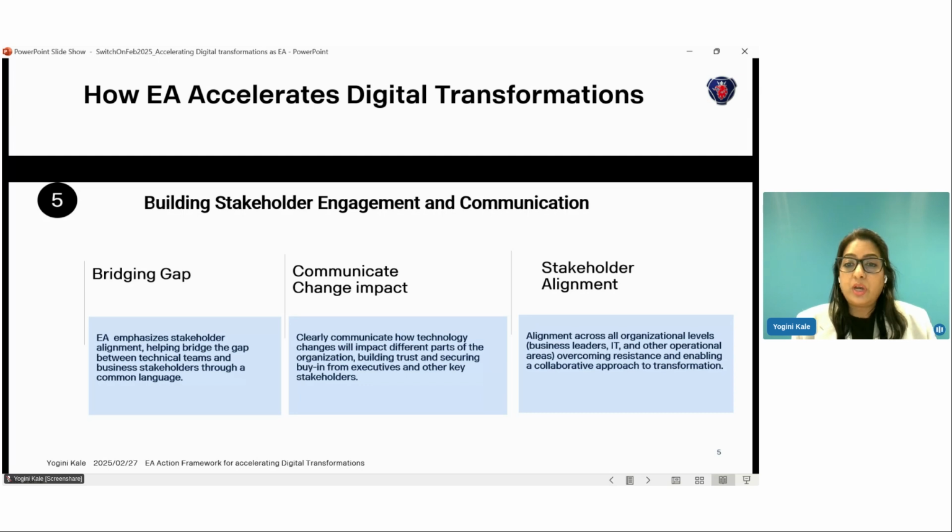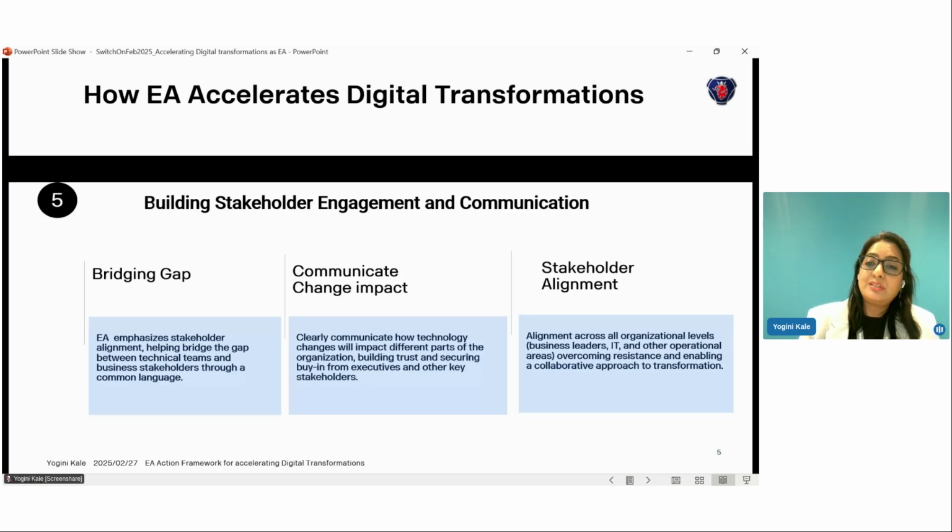And that is why the last aspect is stakeholder alignment, where the alignment across all organization levels, including IT, leadership, operational areas, helps you overcome the natural resistance that people have for change.